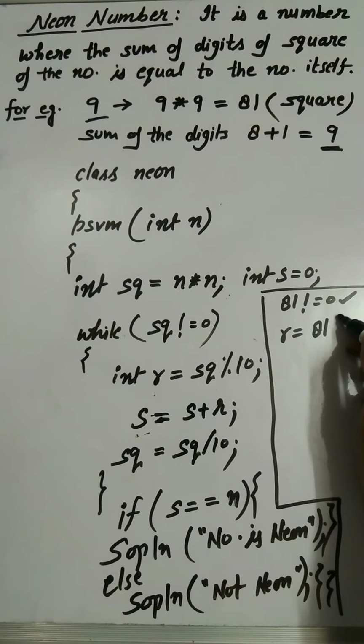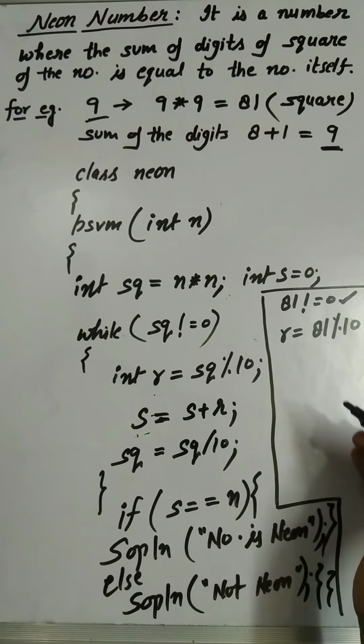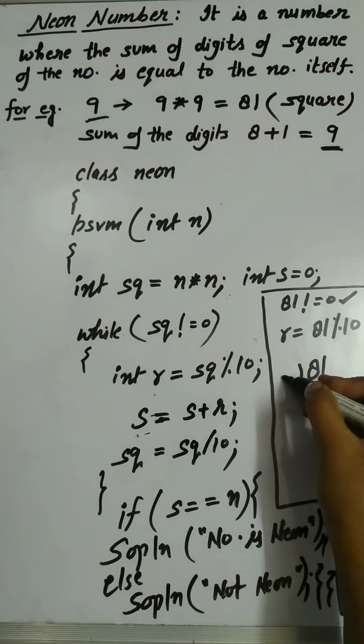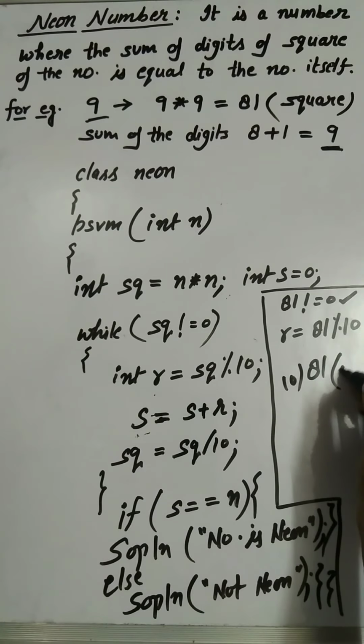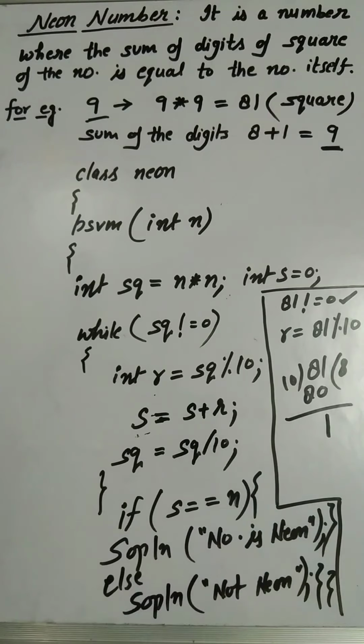When we divide 81 by 10 using modulus, it will store the remainder value. How? 81 by 10, so it's 8 times 80. Remainder value is 1.